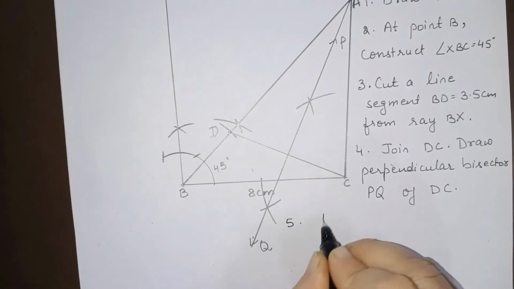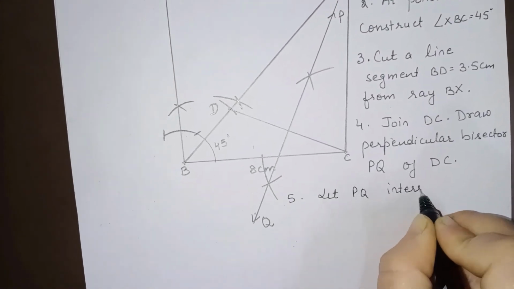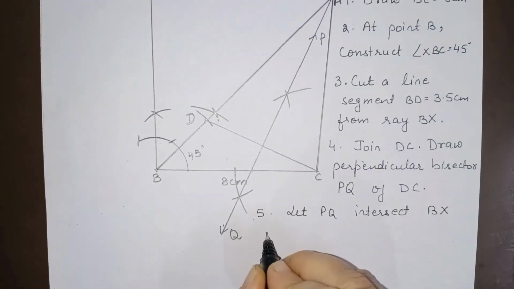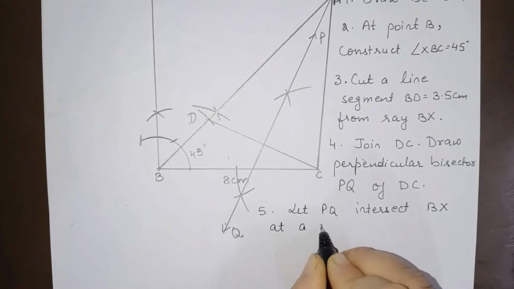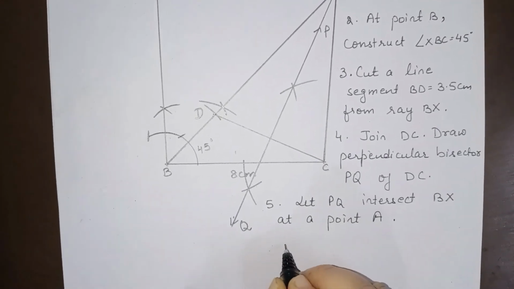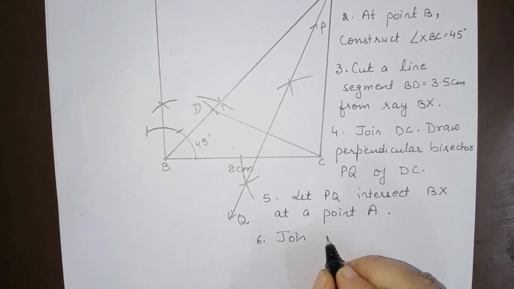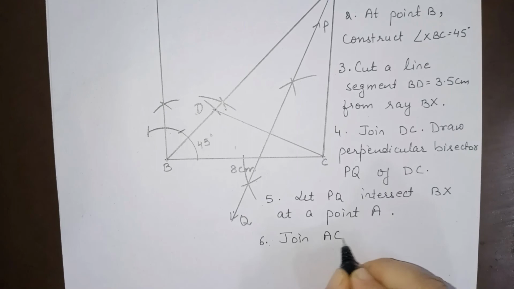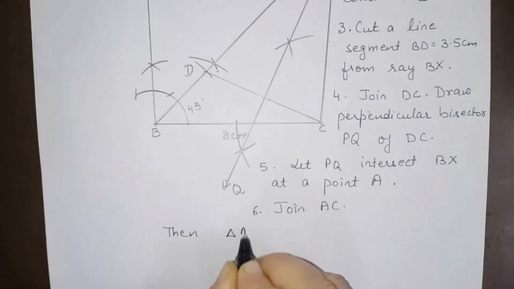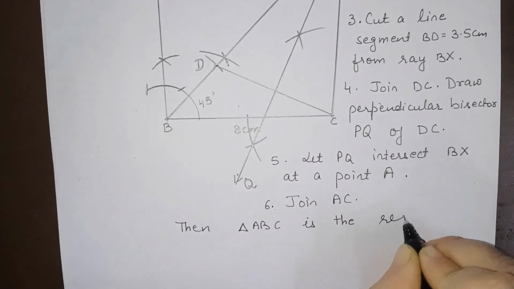Fifth step, let PQ intersect BX at a point A. Sixth step, join AC. Then triangle ABC is the required triangle.